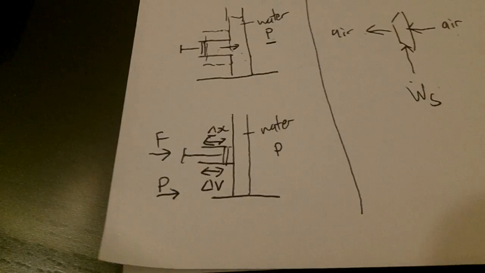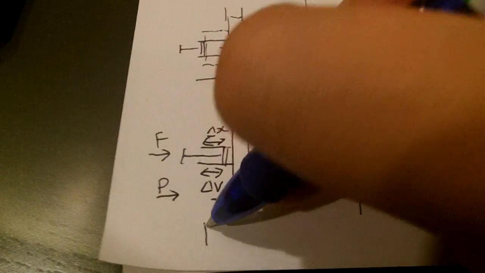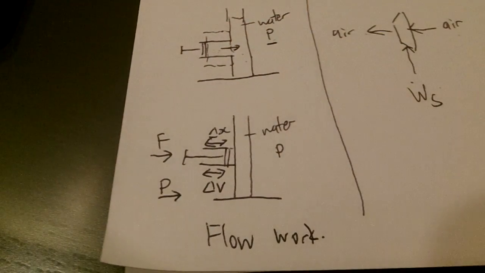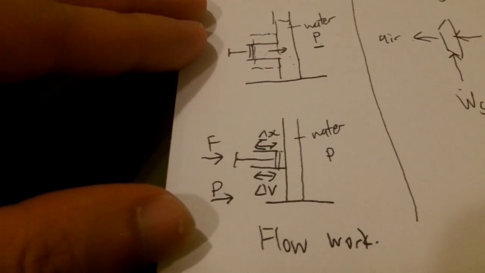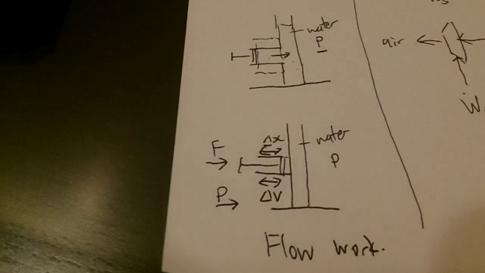Now this is pushing in the liquid. This kind of work is referred to as flow work. You can do flow work by pushing mass into a system. You can also do flow work by pushing mass out of the system.